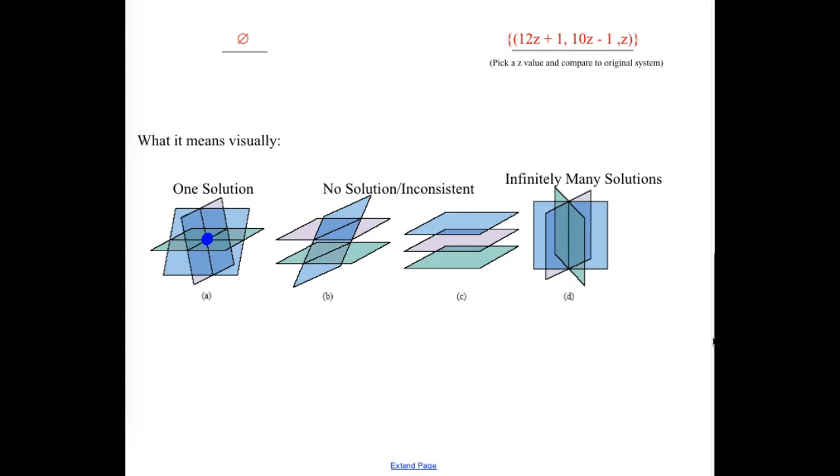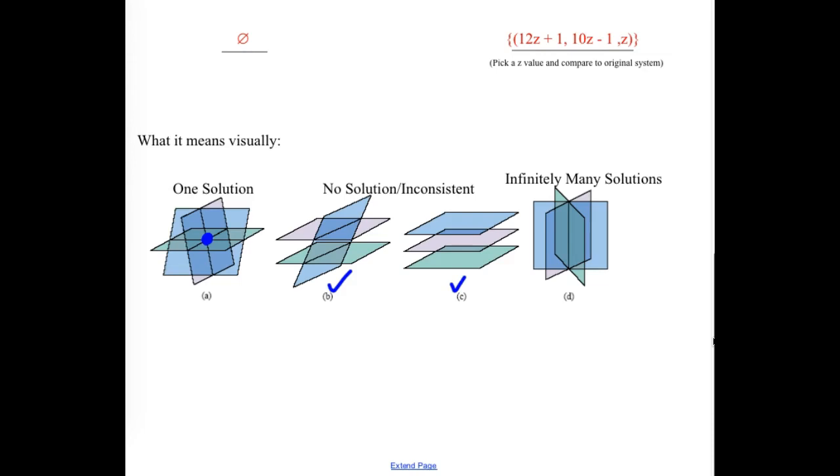If I get no solution or an inconsistent system, that means all three equations don't meet anywhere. You might have some that overlap, like in our first picture here. Okay, some overlap, but not all three together. Here, none of them overlap. Those two pictures would represent that there's no solution to that system. There's no ordered triple that fits everything.